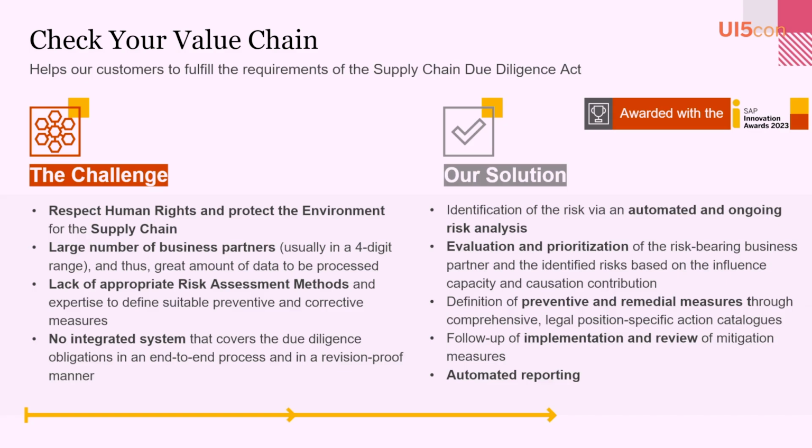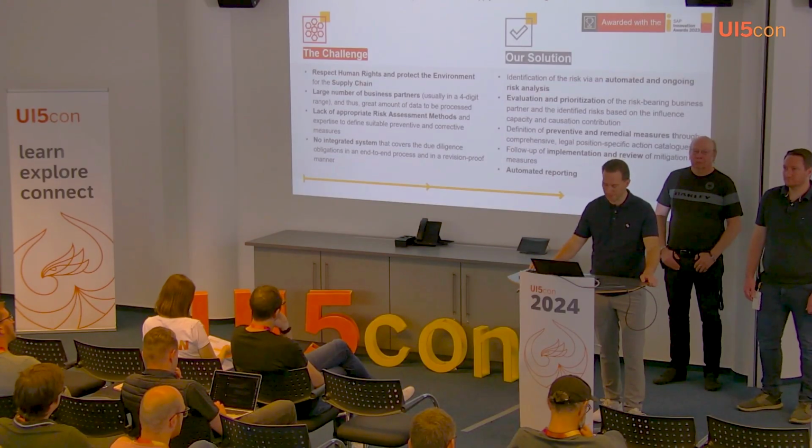The law is meant to be applied to the whole supply chain. So the companies have to analyze the supply chain and find potential risks. Our software automatically identifies the risks, helps to manage them, and provides the user with insight into a huge amount of data.